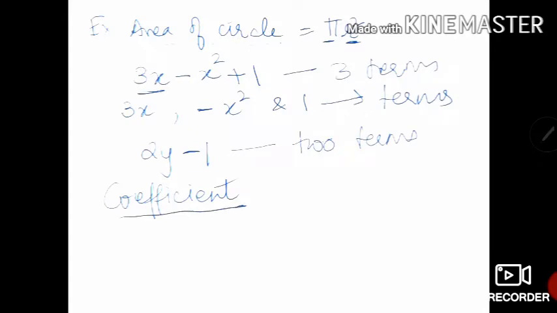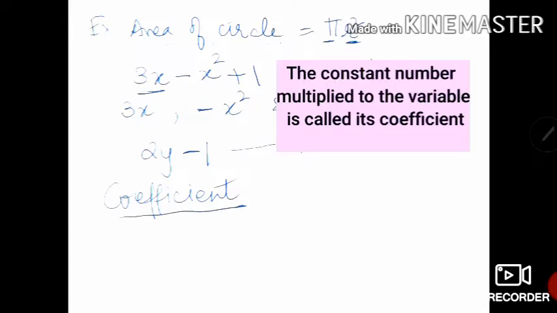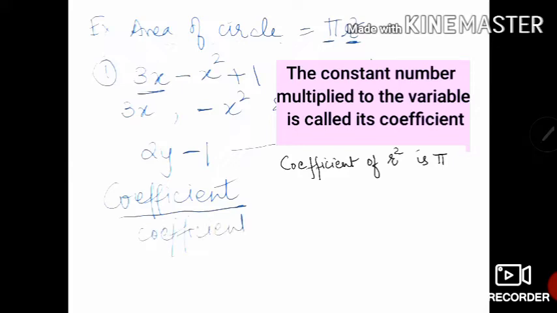So what is coefficient? Coefficient here is the numerical part attached with the variable. So in the first example, coefficient of x will be 3.